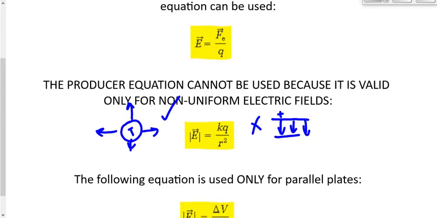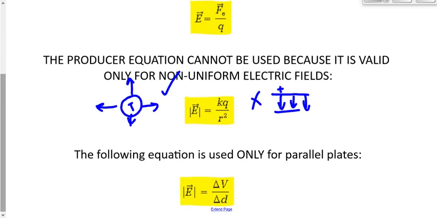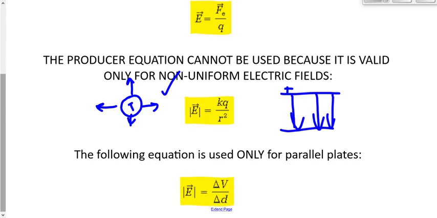The new equation, we'll also call it a producer equation, but this is our producer for a uniform field equation versus our old producer equation, which is the producer non-uniform field equation. The new one, the producer equation for parallel plates, is E is equal to delta V over delta D. E is electric field, of course. Delta D is not how far a charge has moved. It's not where a charge is in between the plates.